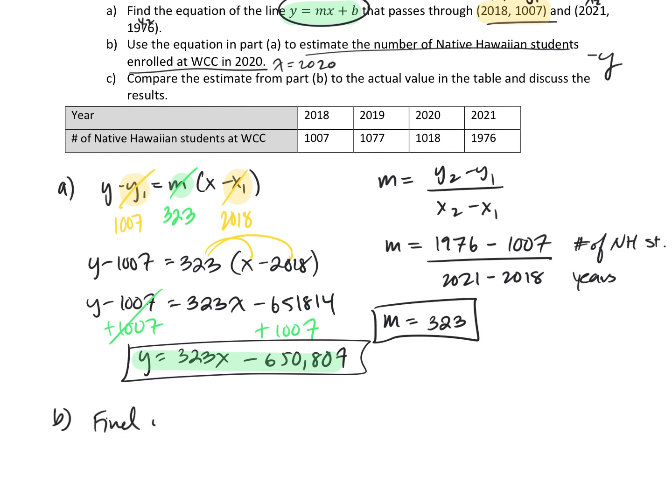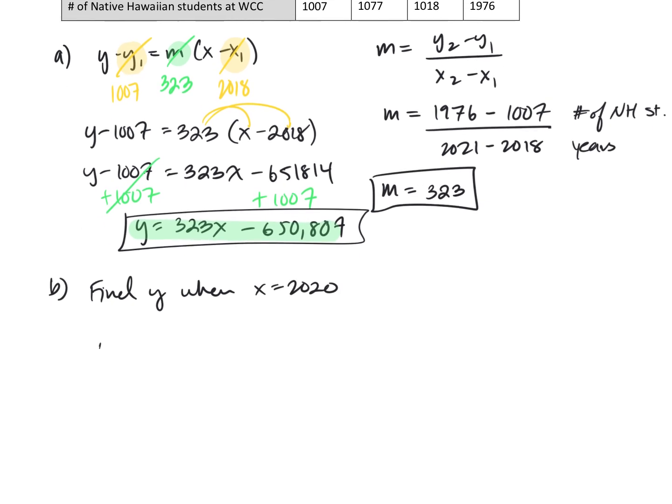So y is going to equal 323 times, and we're replacing x with 2020, minus 650,807. Okay, let's see what we get. Calculating that out, we get y equals 1653.